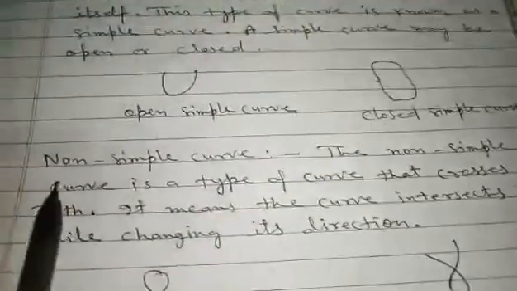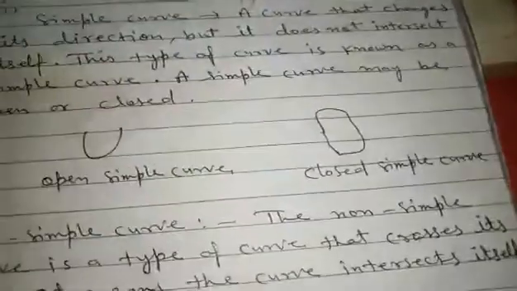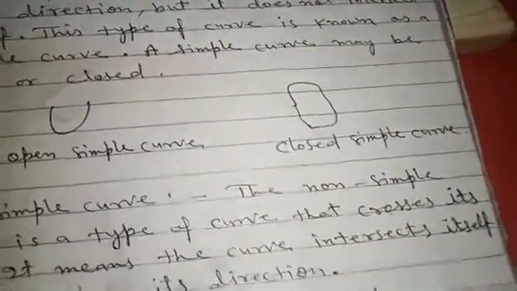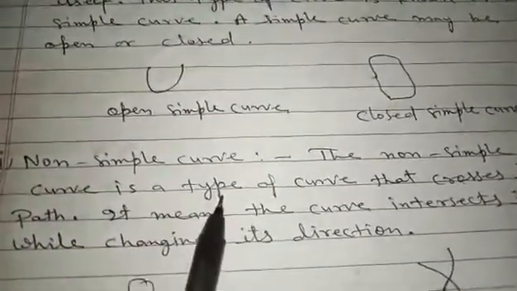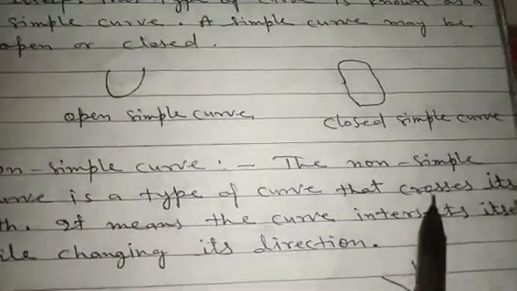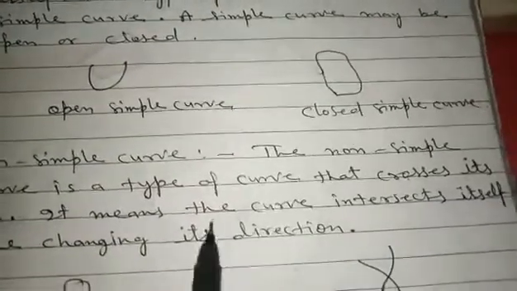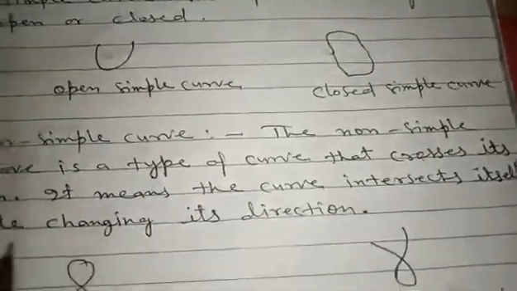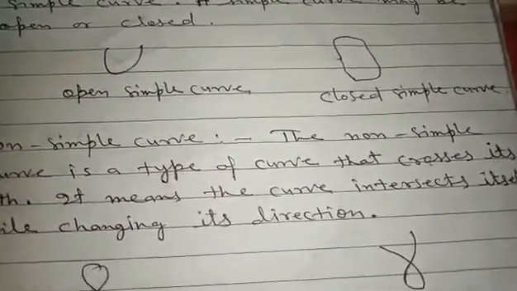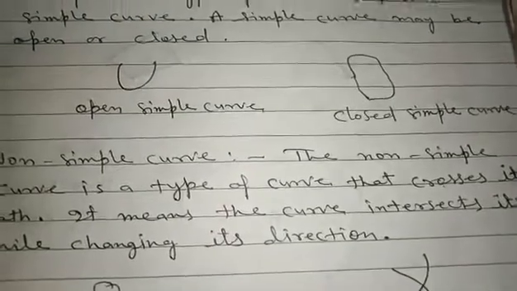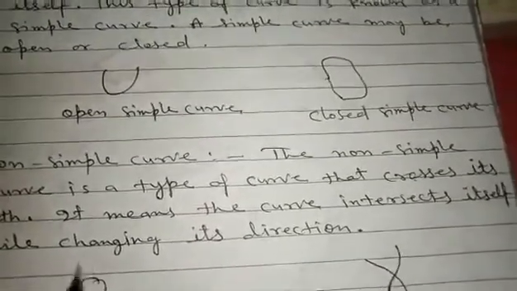Next is non-simple curve, number 2. The non-simple curve is a type of curve that crosses its path. It means the curve intersects itself while changing its direction. When we find a cross, it will not be simple.